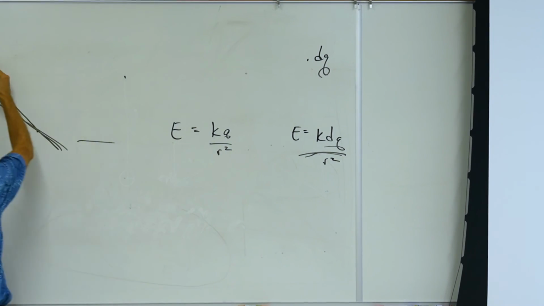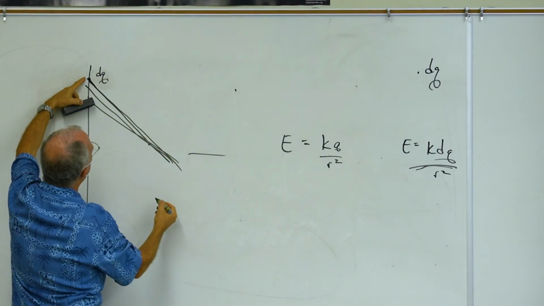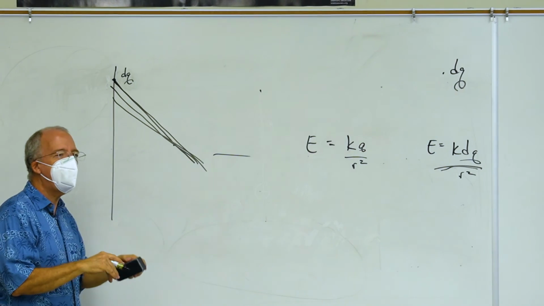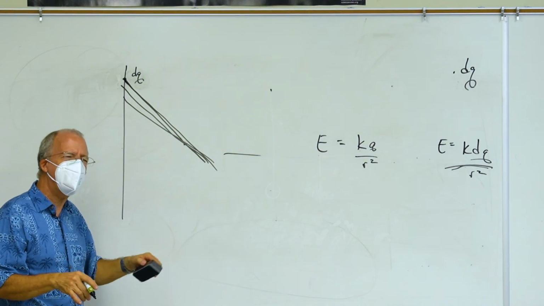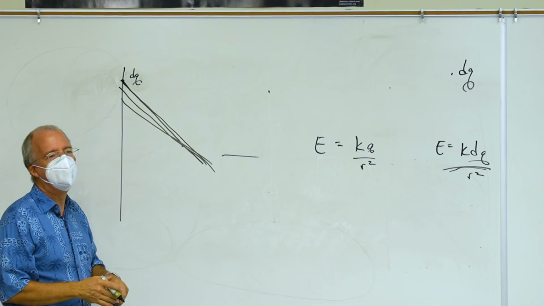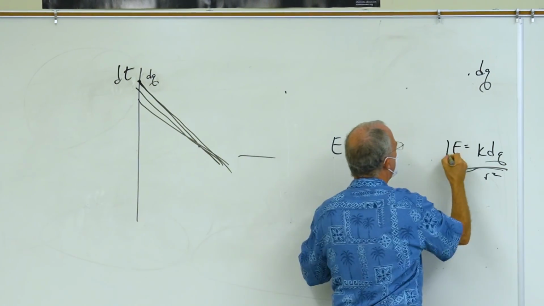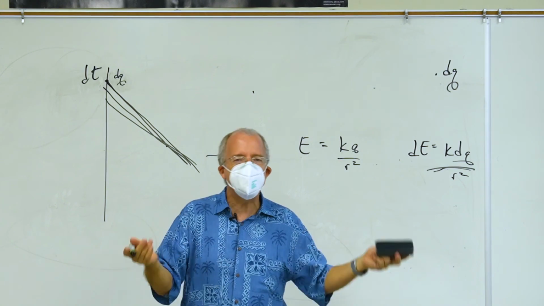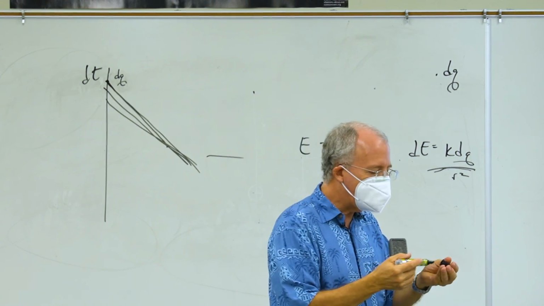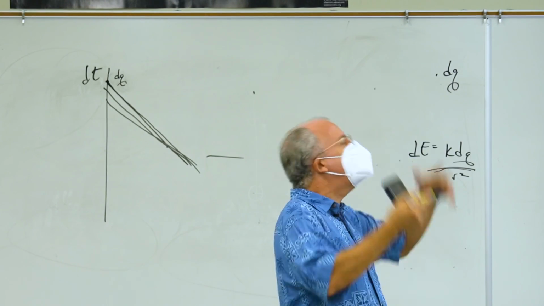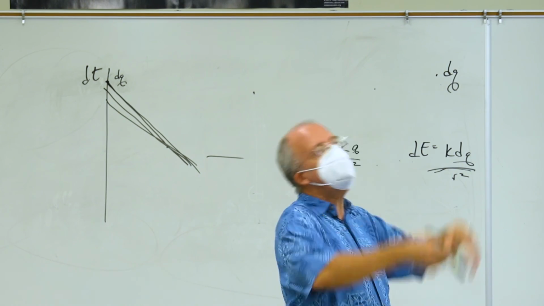So this is an E field from this little tiny DQ. Well, come on. If we're going to call the charge DQ, what should we call the E field? DE. So let's just call this DE. We're just playing around. Instead of calling it Q, we're saying DQ. Instead of calling it E, we're saying DE.